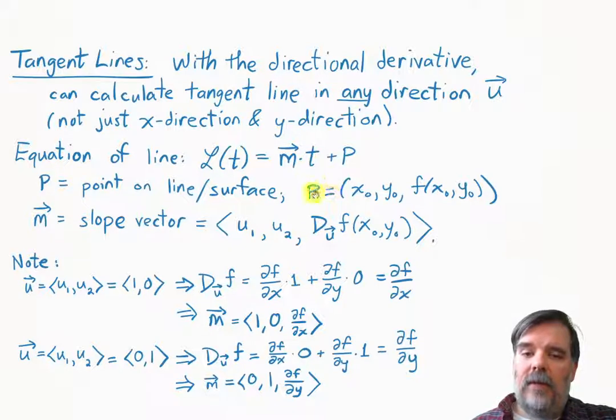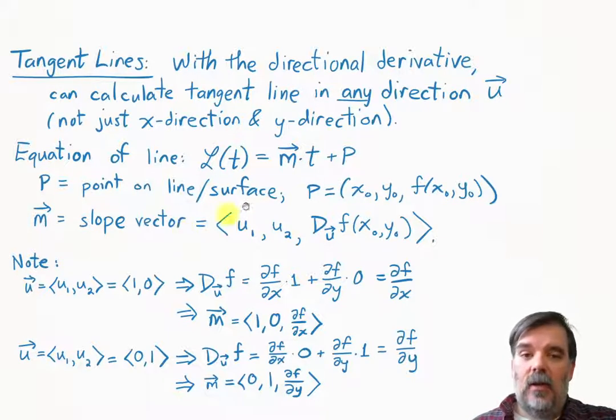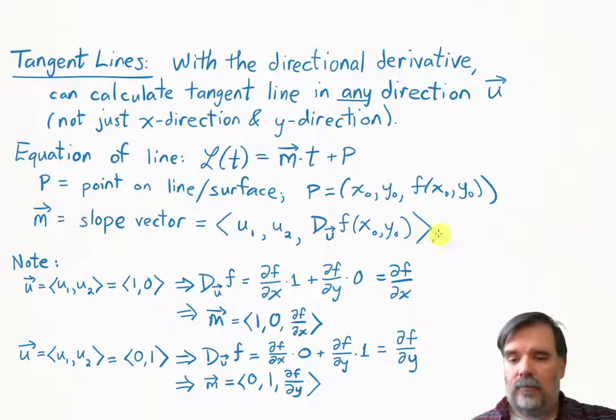To calculate p, if you get your given values of x and y, to get the value of z, you plug your given values into the function f. The slope vector in this case, again, you're given u, and this tells you your change in x and your change in y, but then you have to calculate the directional derivative to get the change in z.